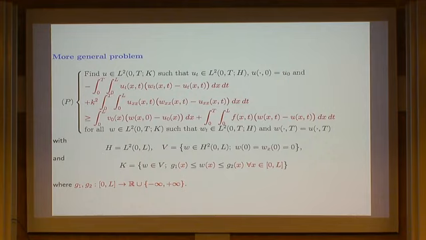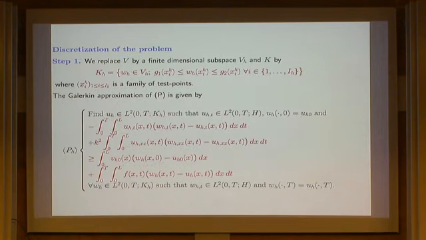So now, starting from this more general problem, we begin the discretization by some space discretization. So we replace the functional space V by some finite dimensional subspace V_H. And of course, we have also to replace the subset K of V by some convex subset K_H of V_H.